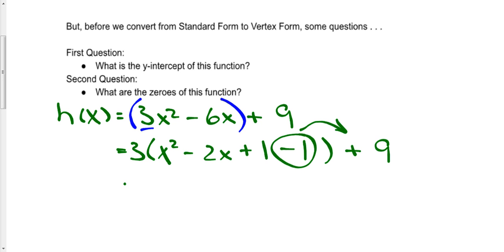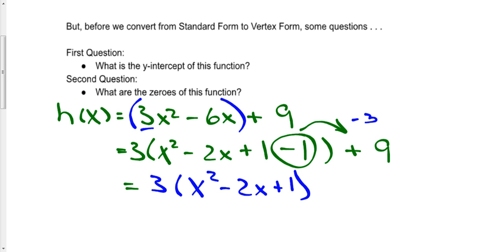So this is going to come out as a negative 3, right? So I'm going to have 3 times x squared minus 2x plus 1 in the parentheses, minus 3 plus 9.